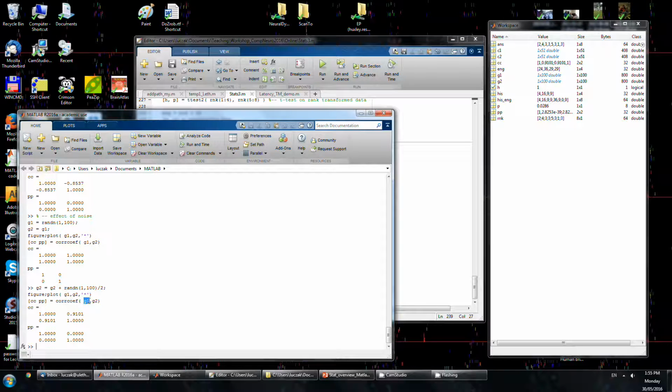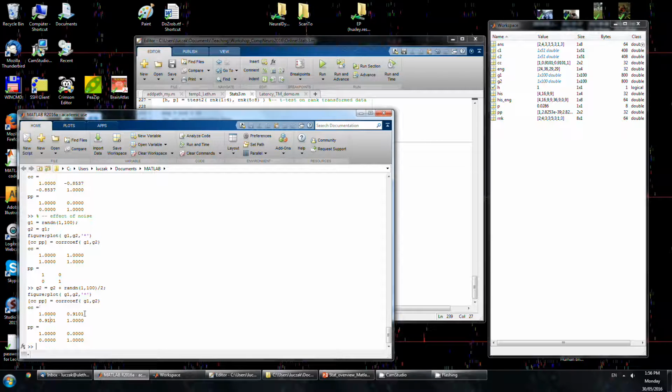Here it is between G1 and G2. This is between G2 and G2, so the correlation between the same variable is 1. And here is the correlation between G2 and G1, which is the same as between G1 and G2, so those are identical values.